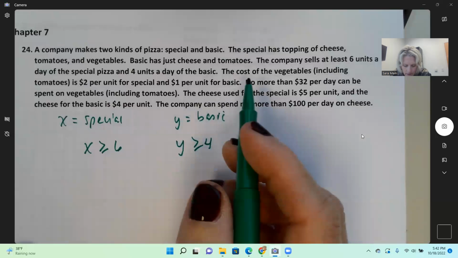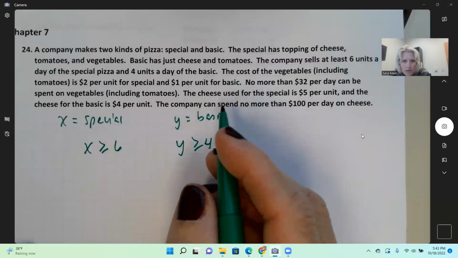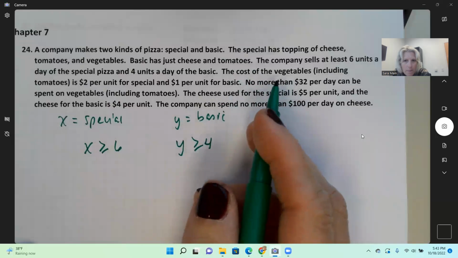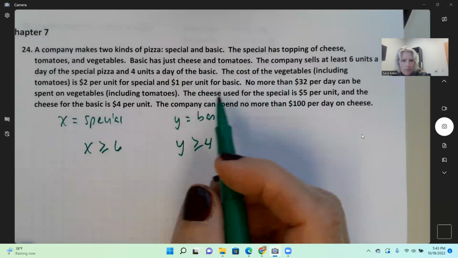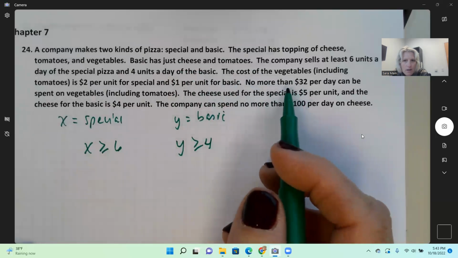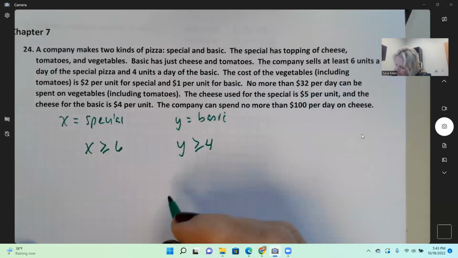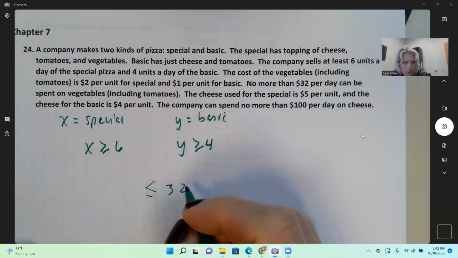Okay, so the cost here is made up of a couple of things, right? No more than $32 per day can be spent on vegetables, including tomatoes.